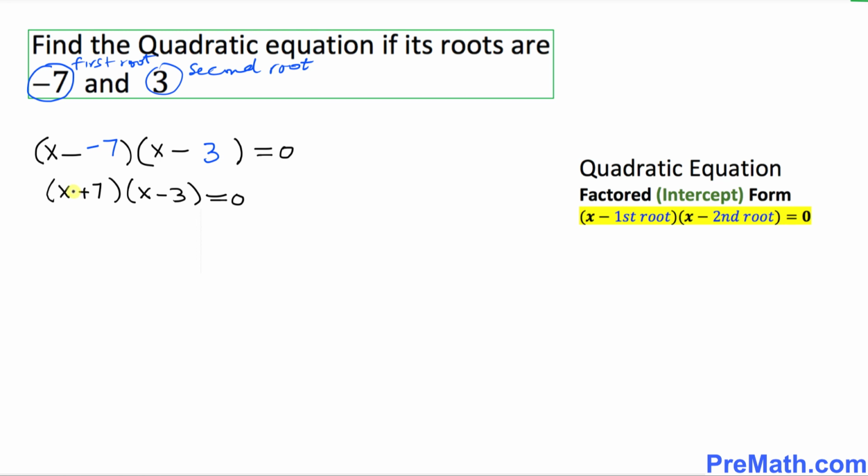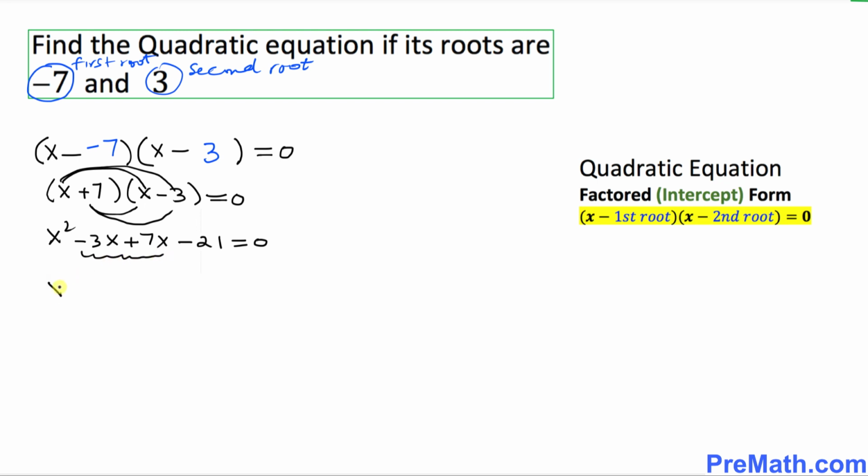Let's multiply these two parentheses. We are going to use the FOIL method. x times x is going to be x squared, and this is going to be a negative 3x, and this becomes plus 7x, and finally 7 times negative 3 is negative 21 equals 0. Our final step is to combine these two like terms.